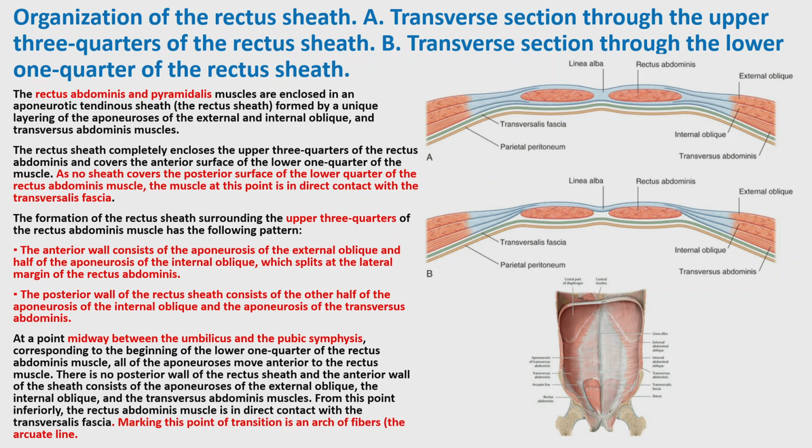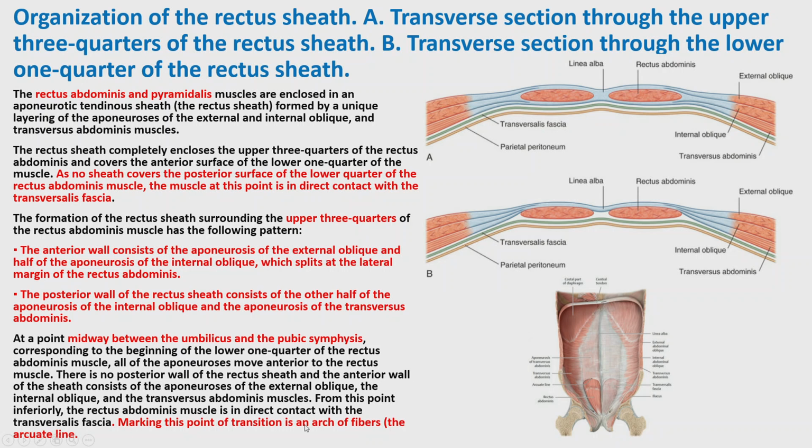Extremely important, because here in the lower abdominal wall, behind the rectus sheath, there is nothing other than transversalis fascia. Yes? And then is the parietal peritoneum. Yes? This is very important.